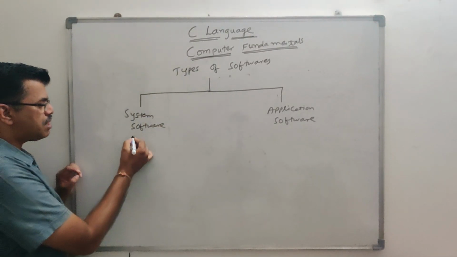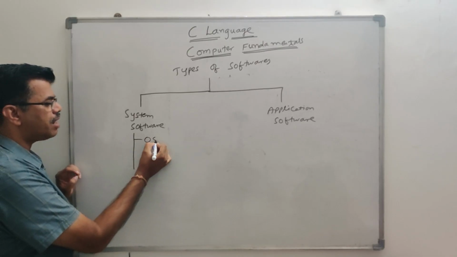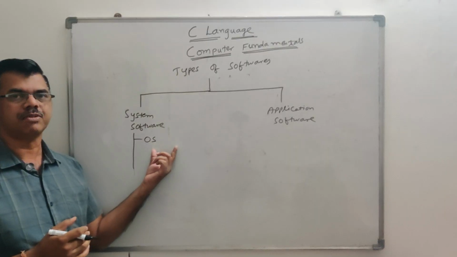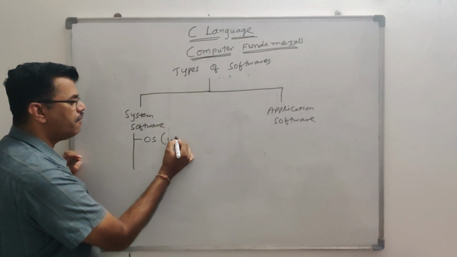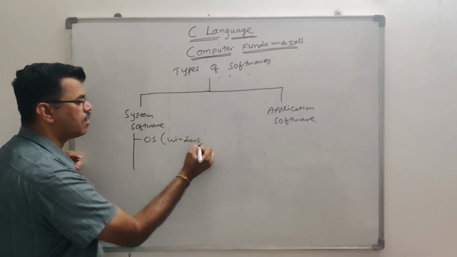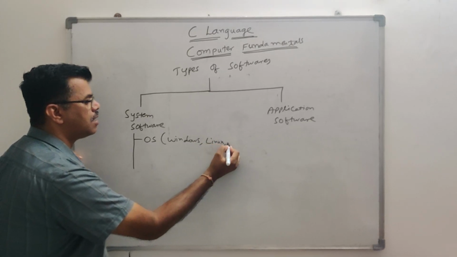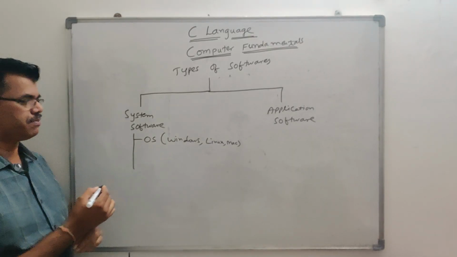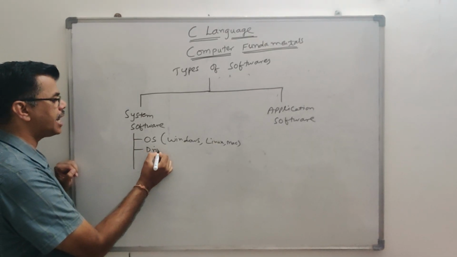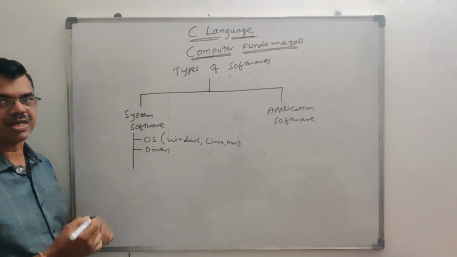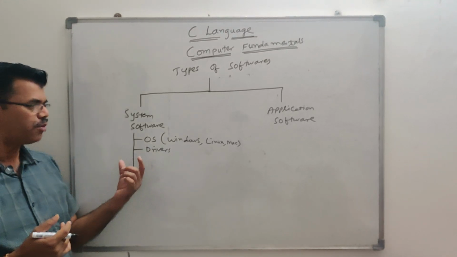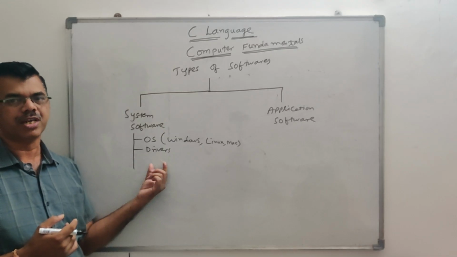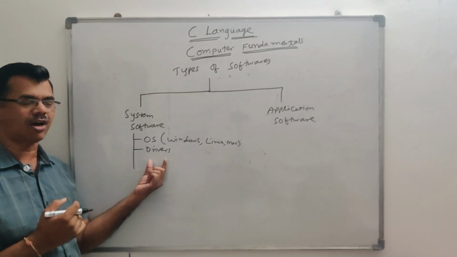In system software, the examples are operating systems. Operating systems come under system software, for example Windows, Linux, Mac. You can also consider drivers. For example, if you want to make your printer or keyboard work, we need to install some software that we call drivers.